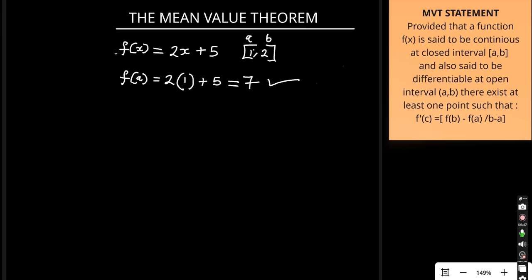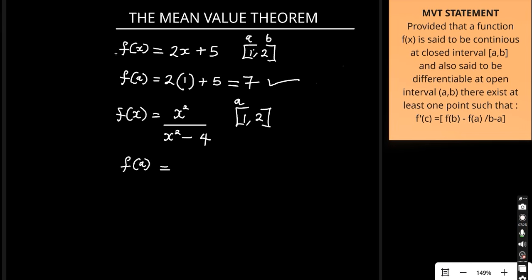So let us look at some conditions when a function can be said to be discontinuous. For example, if I have a rational function such as f of x is equal to x squared divided by x squared minus 4 on the interval [1, 2]. Let's use this instance. If we were to check for f of A, we are simply going to replace x with 1.